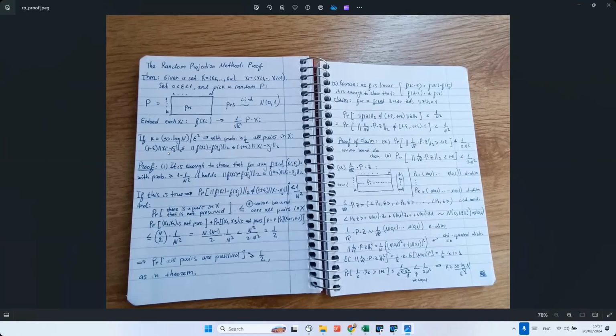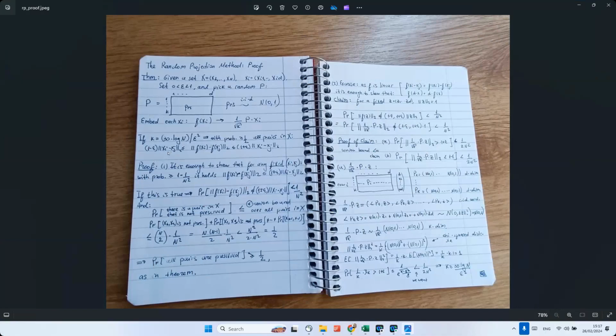And then the probability that there exists some pair in X which is not preserved, by the union bound, is at most the sum over a collection of events.